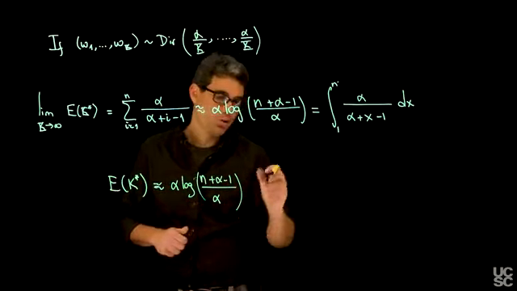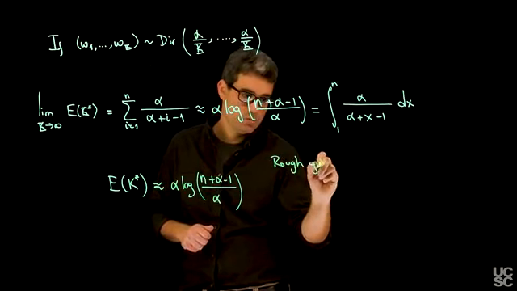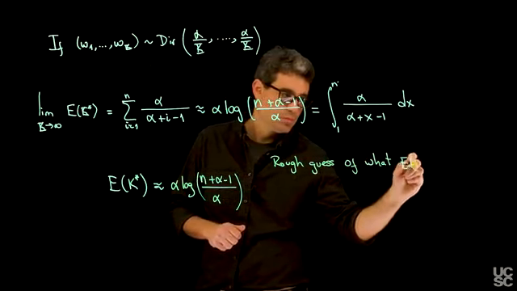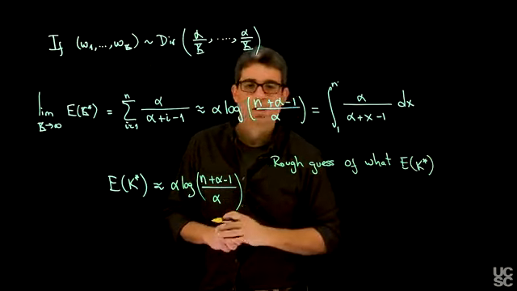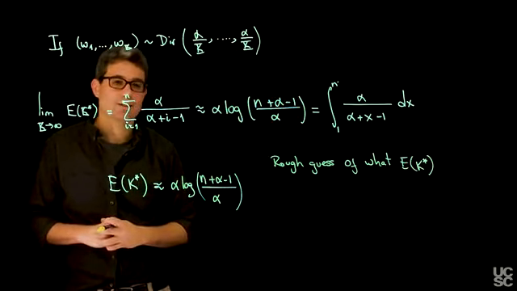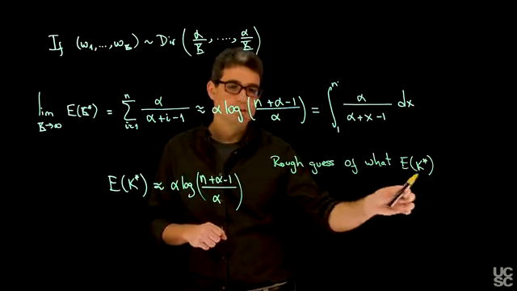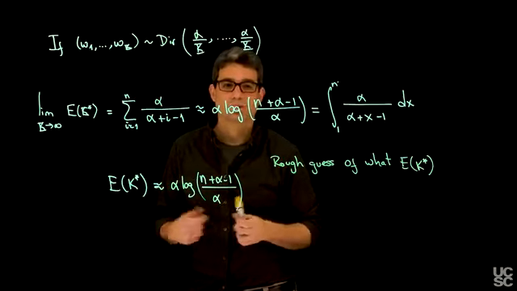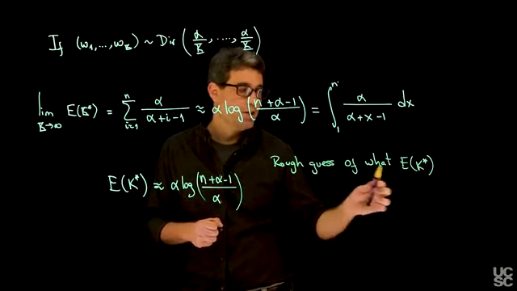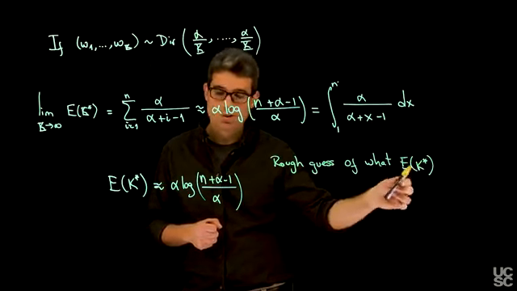So we need a rough guess of what the expectation of K star is. If you remember, for example, in the GALA-6 data set that we have been discussing across the class, we had a good reason to think that K star was around 6 because the data was collected from 6 different conic sections of the sky. So that means that making a guess that K star is around 6 makes sense.